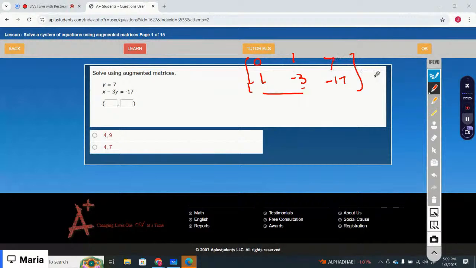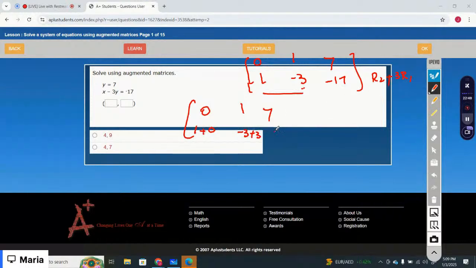So you have to do R2 minus 3R1. That is 0, 1, 7. So 1 minus 0, because 0 times 3 is 0. Then negative 3 plus 3, you have to add.